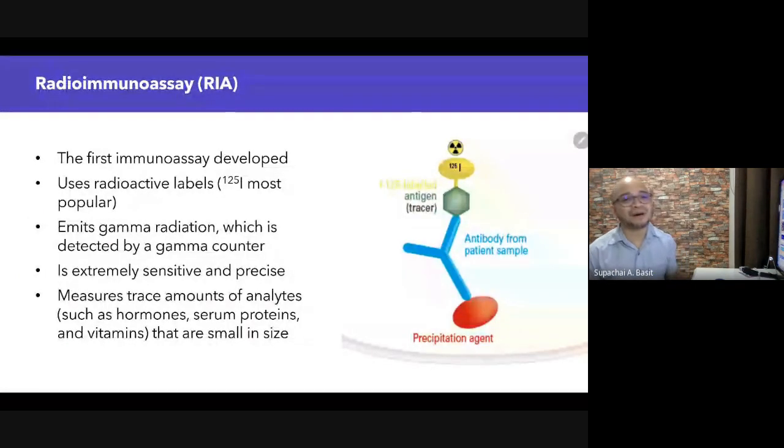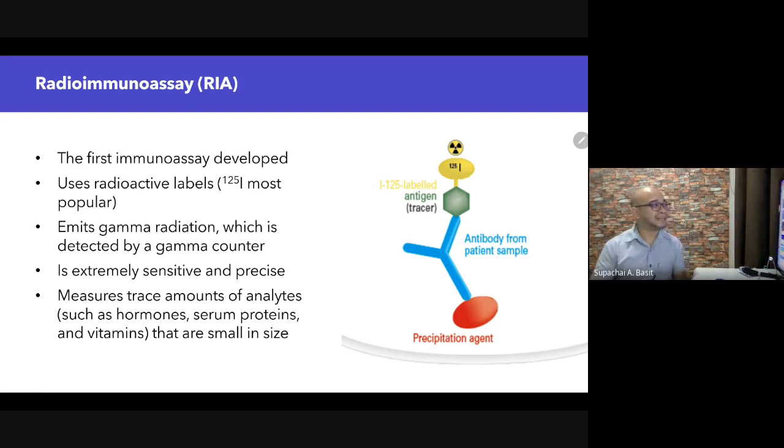Okay, so let's talk about the first type of immunoassay. The first one that was developed is the radioimmunoassay. Again, it utilizes radioactive labels.